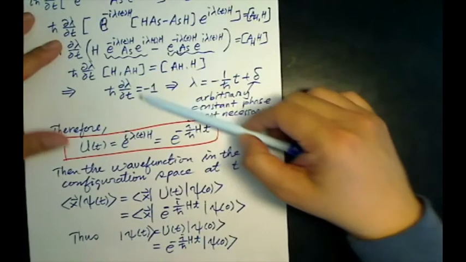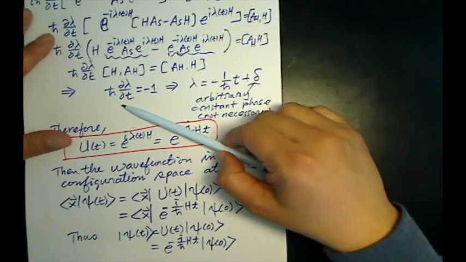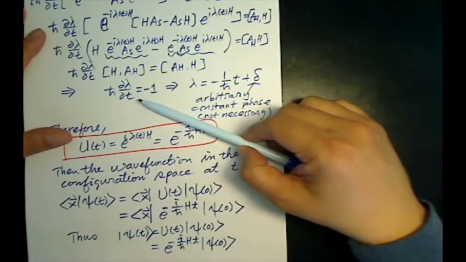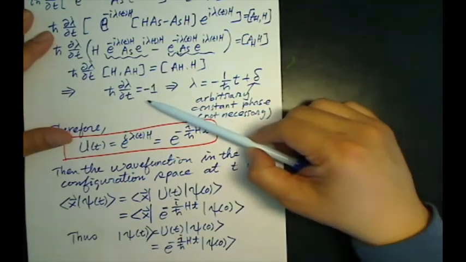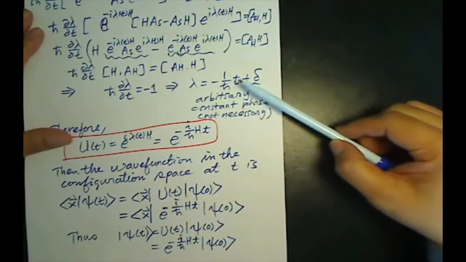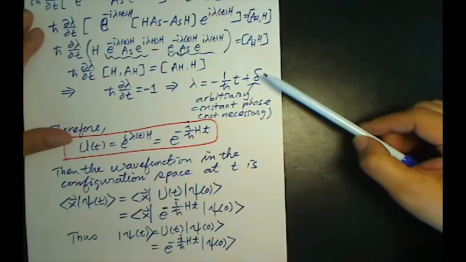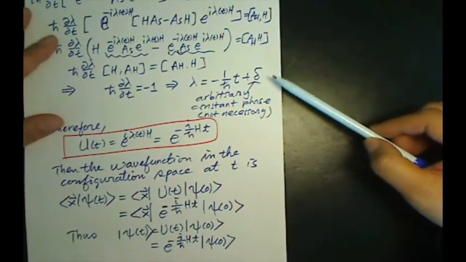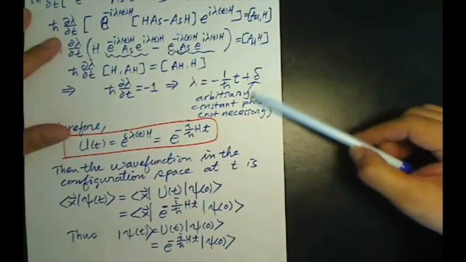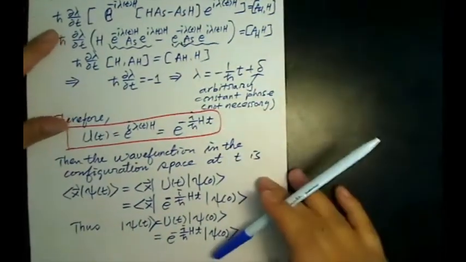Therefore, we have the differential equation that h bar times the time derivative of lambda is -1. That means lambda is minus t over h bar plus some constant. We throw away this constant because it contributes only a constant phase and does not make any physical difference.